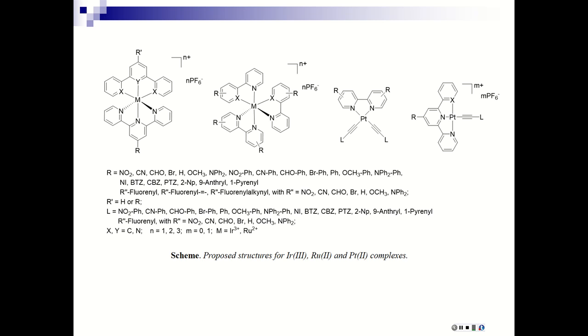It's difficult to synthesize, but as soon as you synthesize it, it's quite stable. Yes, it's stable. So for ruthenium, the common coordination pattern is with 3 diimine ligands.